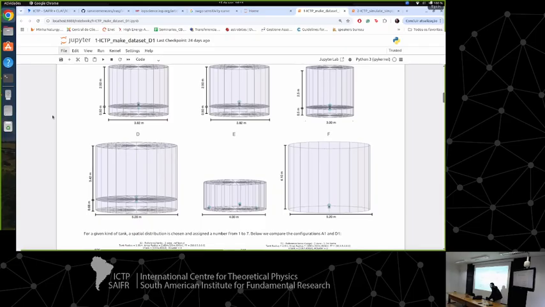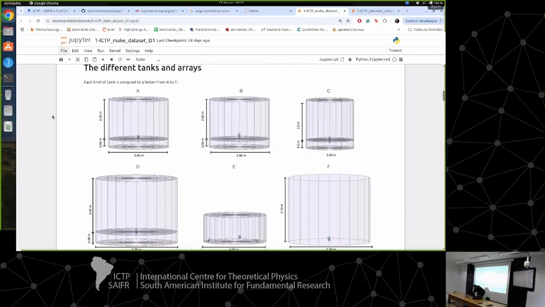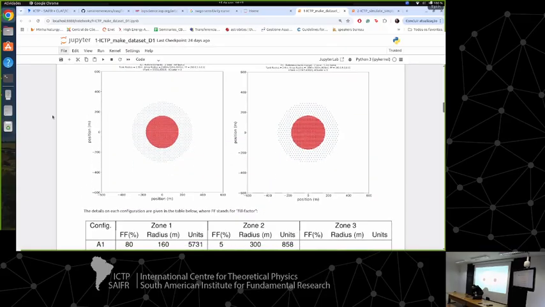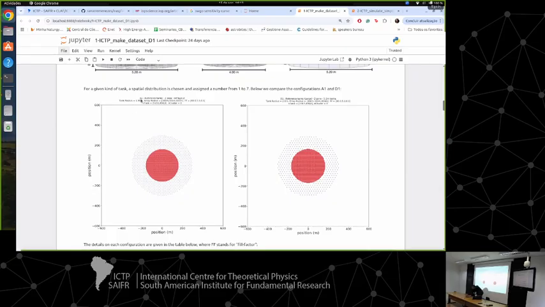The tank that we are analyzing in this tutorial is the D tank. I chose this tank because it is the kind of tank that we have in Brazil at CBPF, in Rio de Janeiro. Every tank has a different letter, and every array configuration has a different number. For instance, this is the A tank with the 1 array configuration.